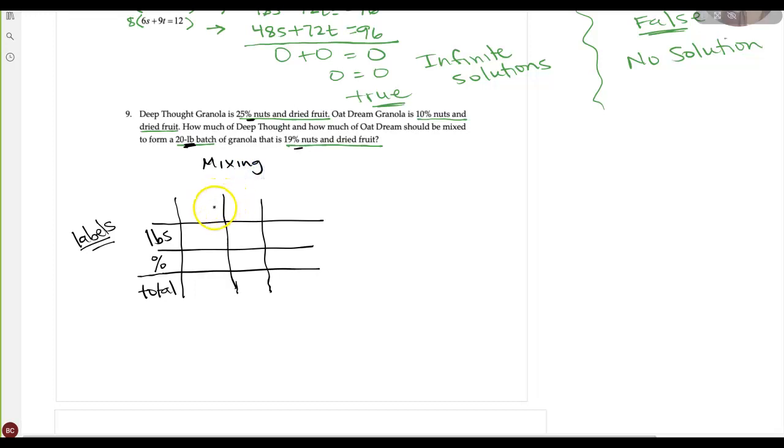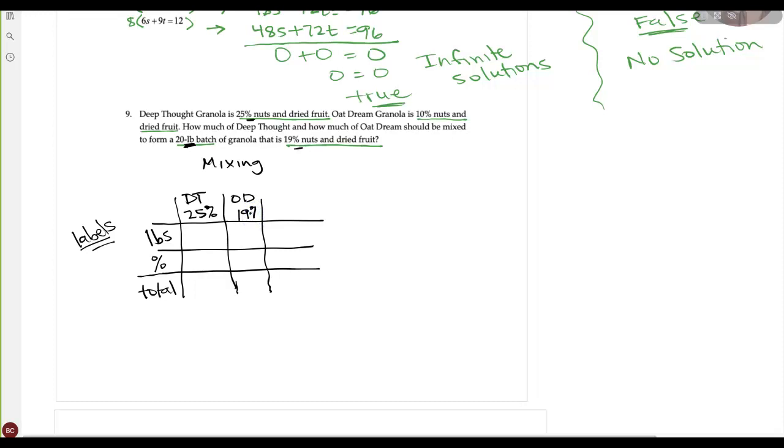I'm mixing the Deep Thought with the Oat Dream. So DT is Deep Thought, and that's 25% nuts and dried fruit. And then the Oat Dream, OD, is 19%.